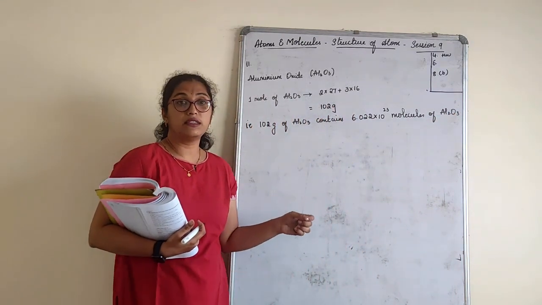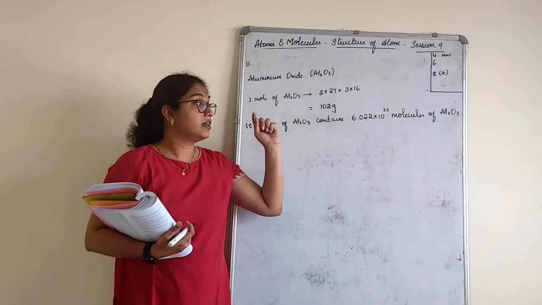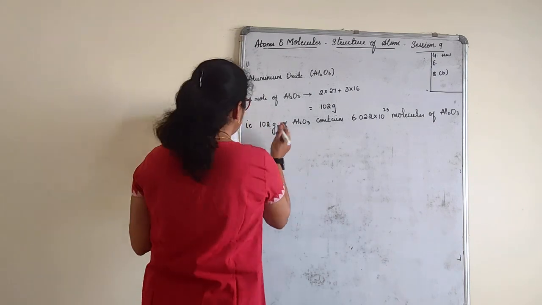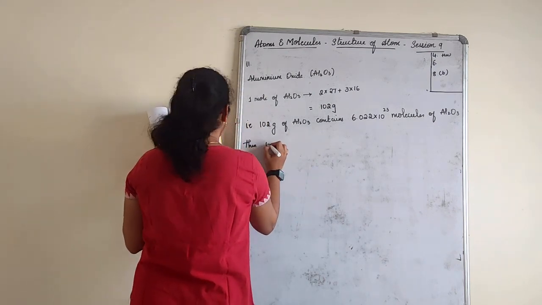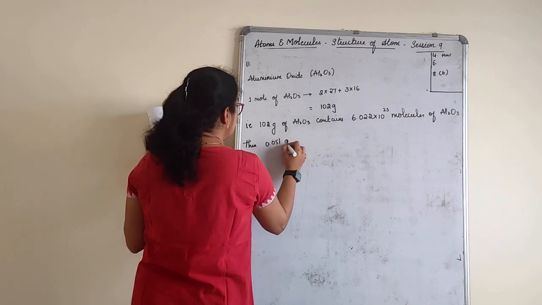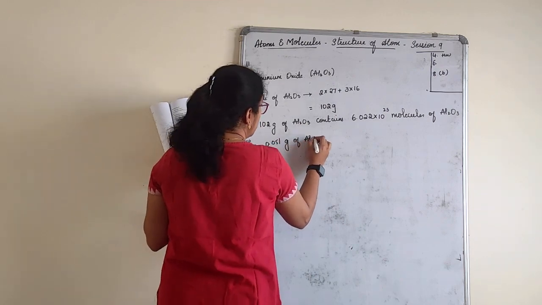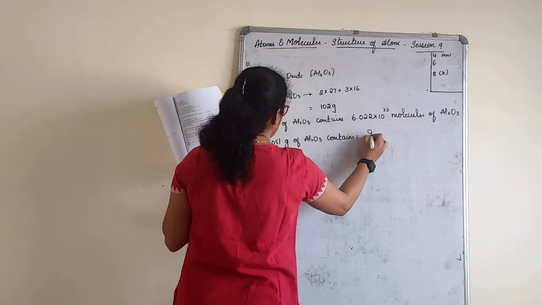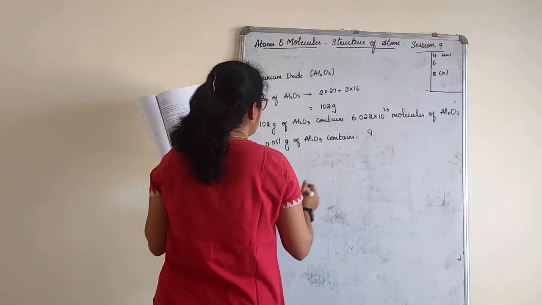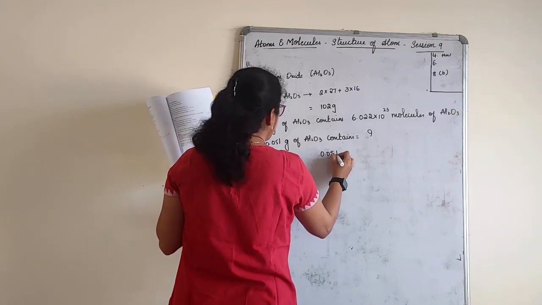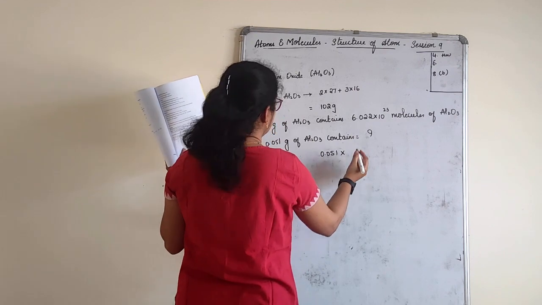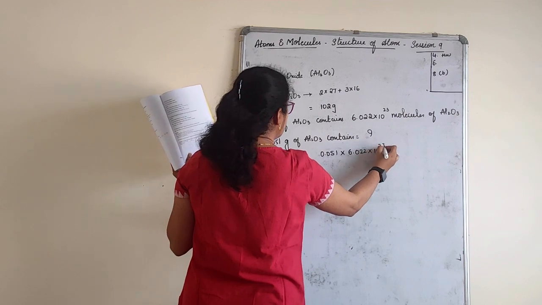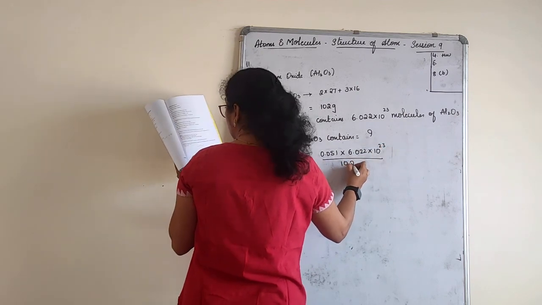Correct. Now if I say 18 grams of water contains 6.022 into 10 raised to 23 molecules of water. Similarly, 0.051 gram of aluminium oxide contains how much? Cross multiply with this: 0.051 into 6.022 into 10 raised to 23 divided by 102.